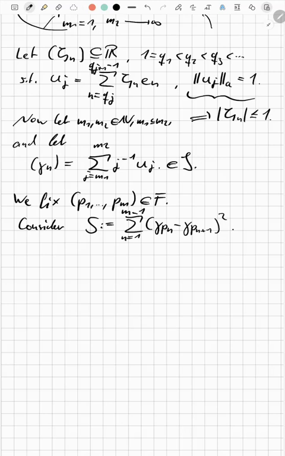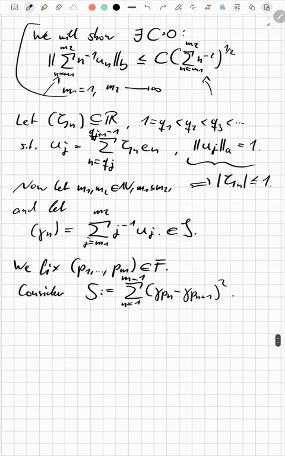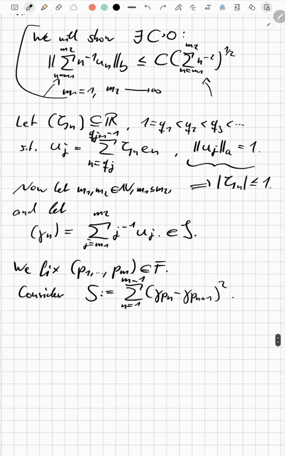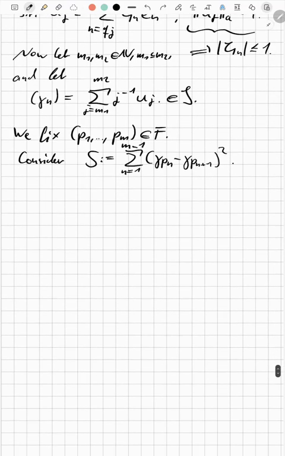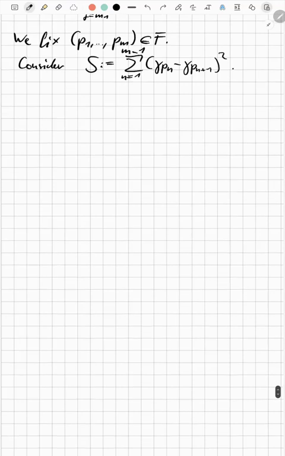So this is very convoluted. We have here a sum of elements gamma n, which are then again defined as a sum. So gamma n is defined as a sum of uj's, which are also again defined as a sum. But we will slowly unravel this.